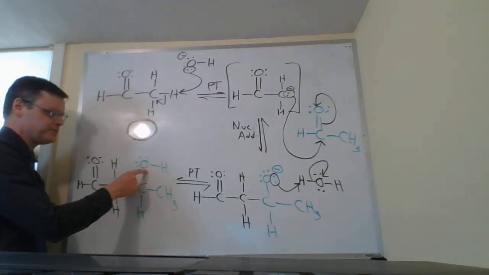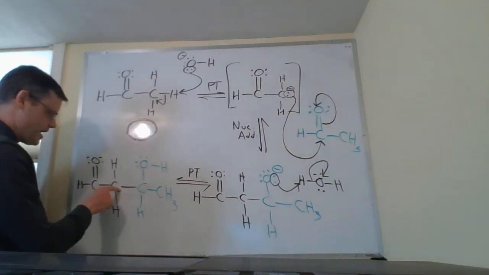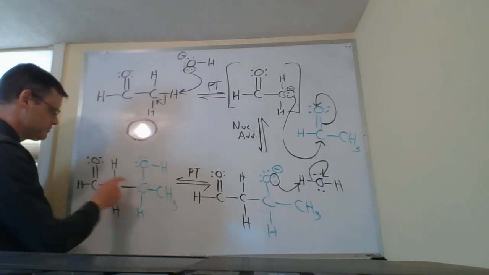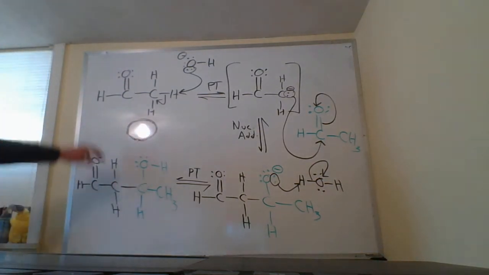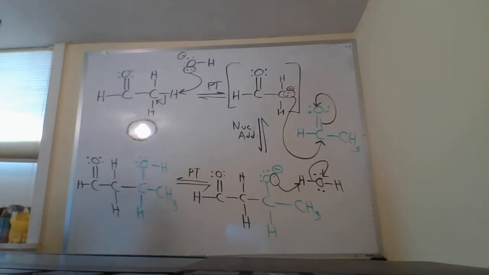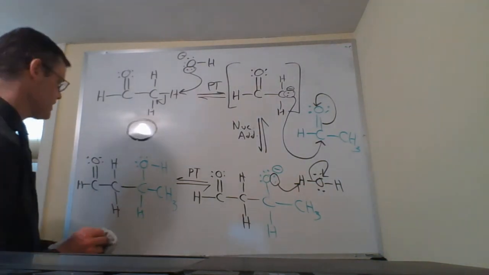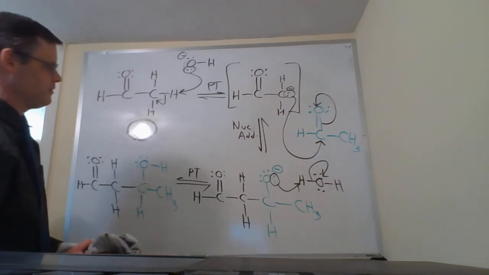That's the ol part. So we have a beta hydroxy carbonyl compound. We could also do this with ketones, but it's a little less to draw if you just start with an aldehyde. Great.